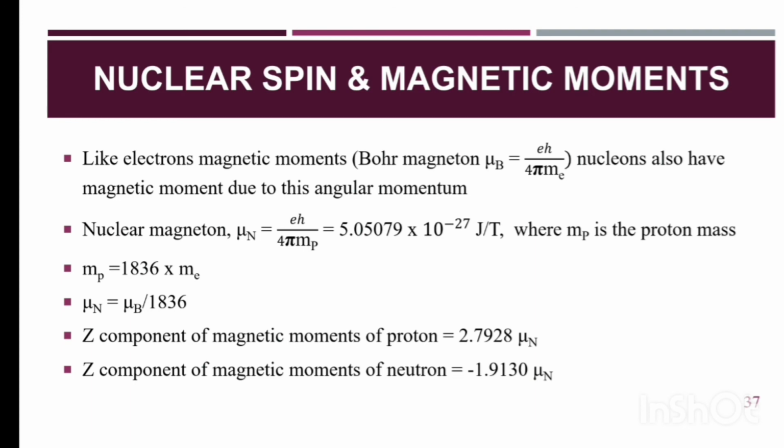Nuclear magneton is represented by mu n, which is equal to eh by 4π mp, which is 5.05079 × 10 raised to minus 27 joule per Tesla, where mp is the proton mass, which is 1836 times me. Mu e is equal to mu b by 1836.